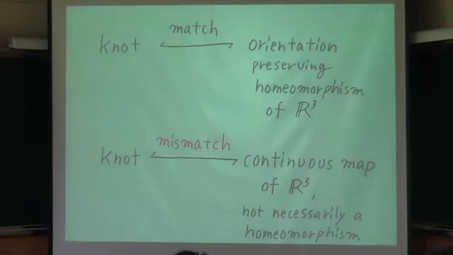This is a mismatch, but today I consider this mismatch problem, and I don't know whether or not this study has any meaning, but at least I think some results are interesting.